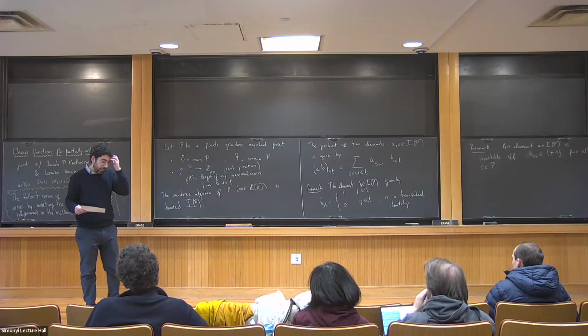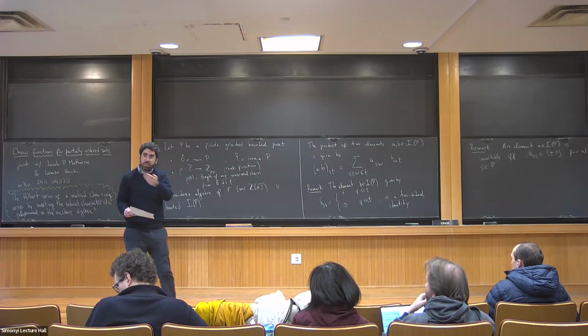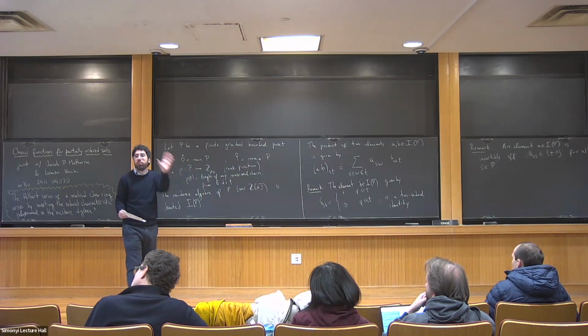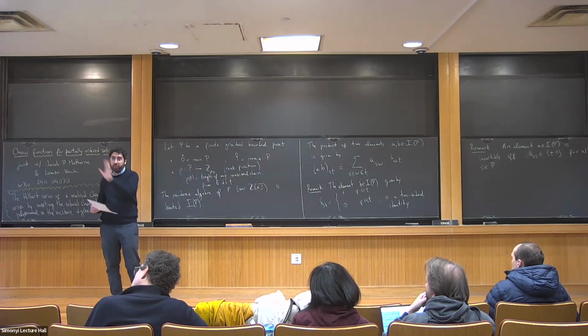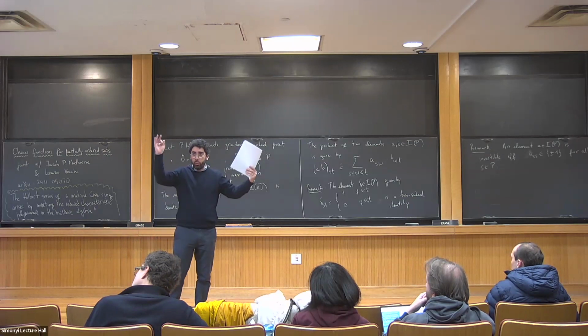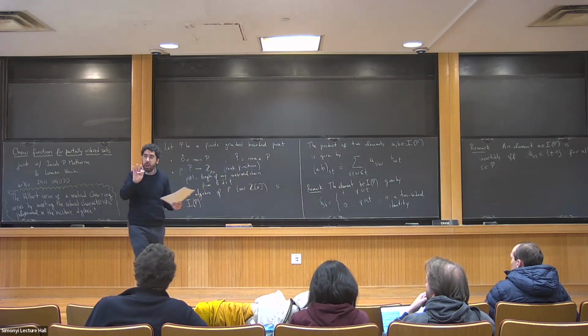It's immediate from this definition that this will be an upper triangular matrix, and you will have some entries forced to be 0. But otherwise, you can have arbitrary polynomials a priori.